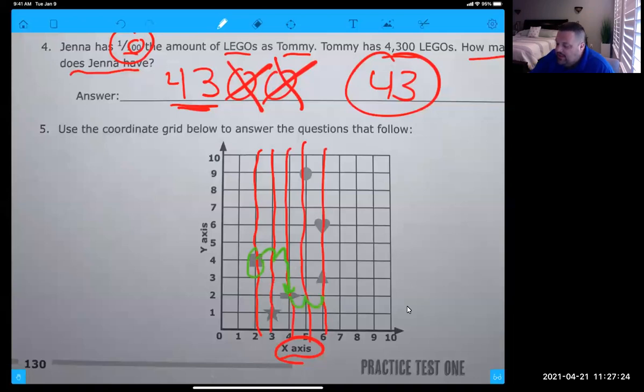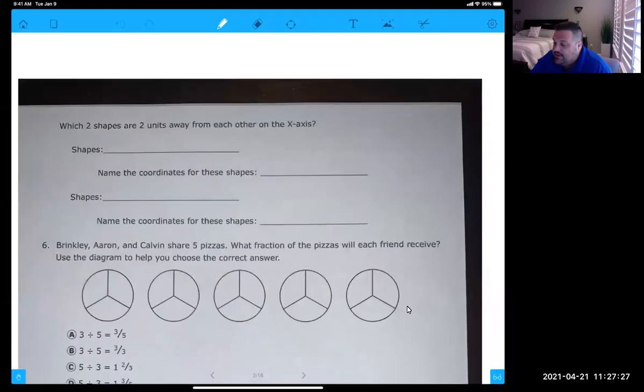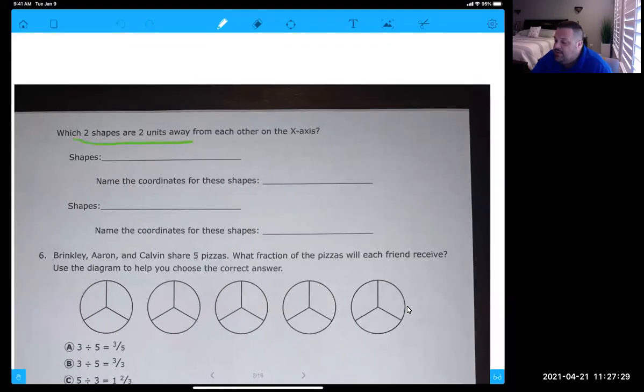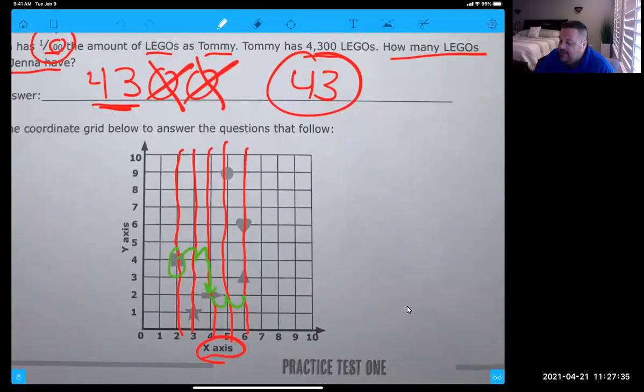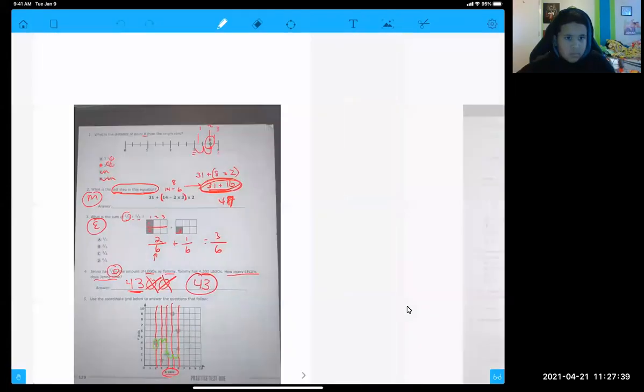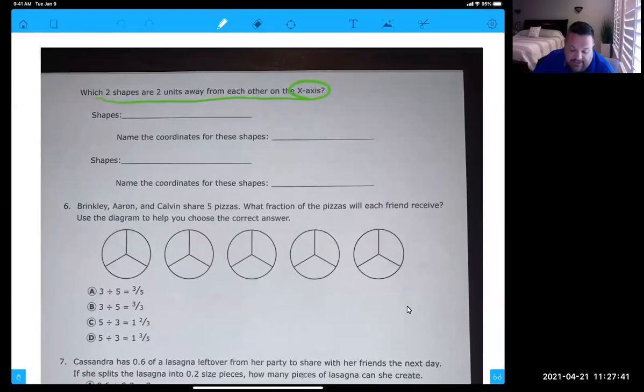So when you see the questions here, this is what it'll look like on your test. It says which 2 shapes are 2 units away on the x-axis? The x-axis. That's important. So the x-axis, remember, are these. So you would just look for shapes that are 2 apart. So your actual answer for this, it's hard to see both of it, so I'm just going to write it in here.